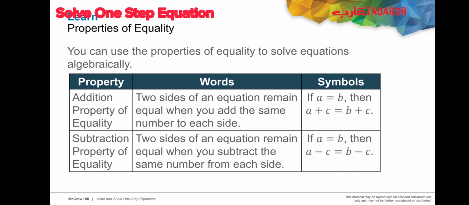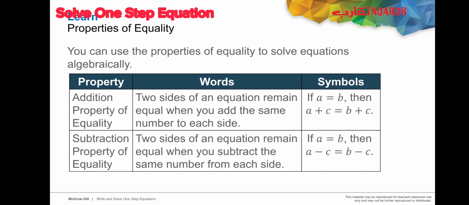equal sides. For example, if A equals B and you add C to both sides, then you have the same equality. Now, the subtraction property of equality: you apply this property in solving addition problems.